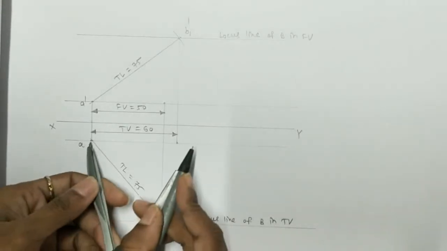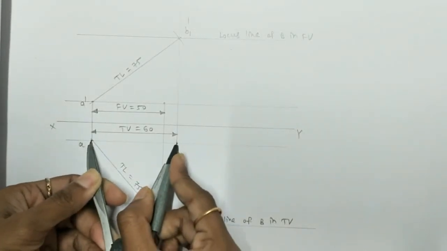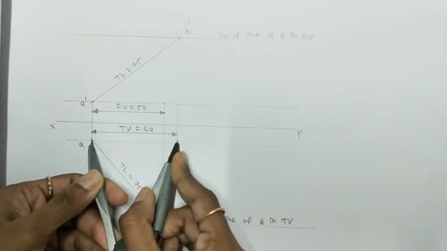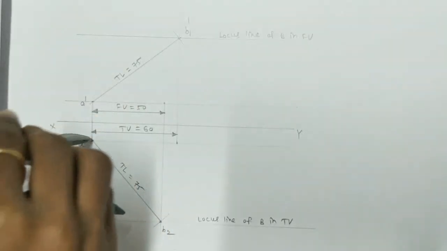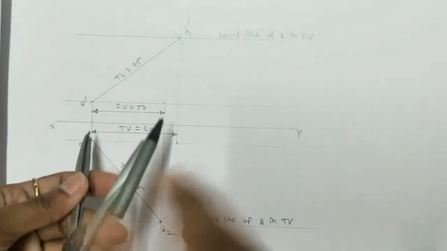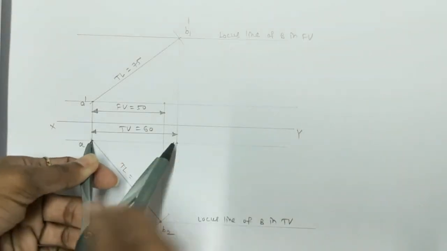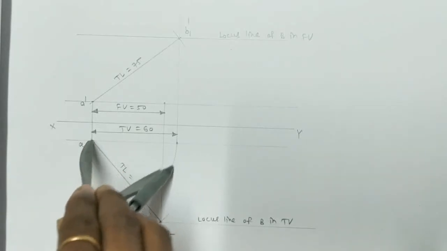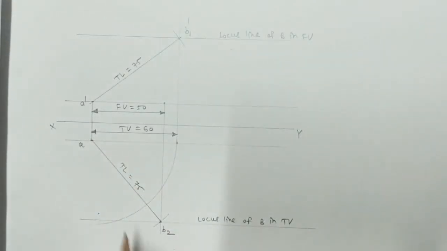So for this, for drawing top view, take this distance in rounder and draw an arc up to the locus line of point B. So this is the point B we have got.